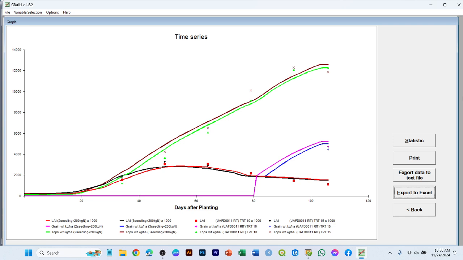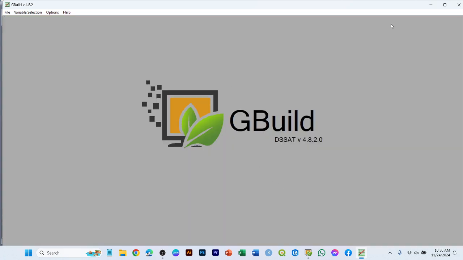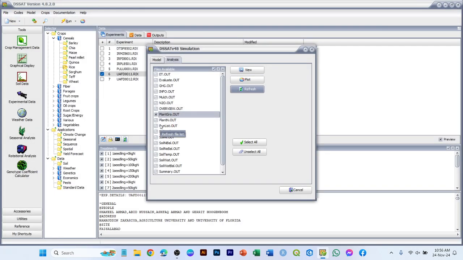Got my point? Good. So this is all about the graph, and you can also play with the greenhouse gases because, as I already told you, there is a lot of variation in the model. If you have experiments, say for example, regarding evapotranspiration, you have to go over there. If you have greenhouse gases, some researchers have research on greenhouse gases, and they have to find it over there.